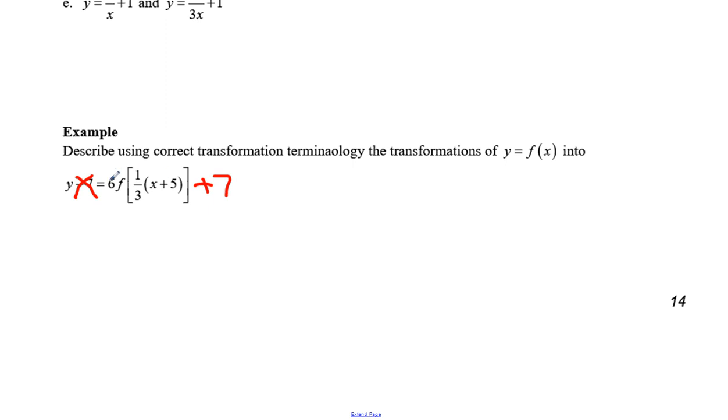I got a vertical stretch by a factor of 6 about the x-axis. I've got a horizontal stretch about the y-axis by a factor of 3, the reciprocal of 1/3. I got a horizontal shift, horizontal translation, 5 units to the left, and a vertical shift, vertical translation, vertical movement, 7 units up.